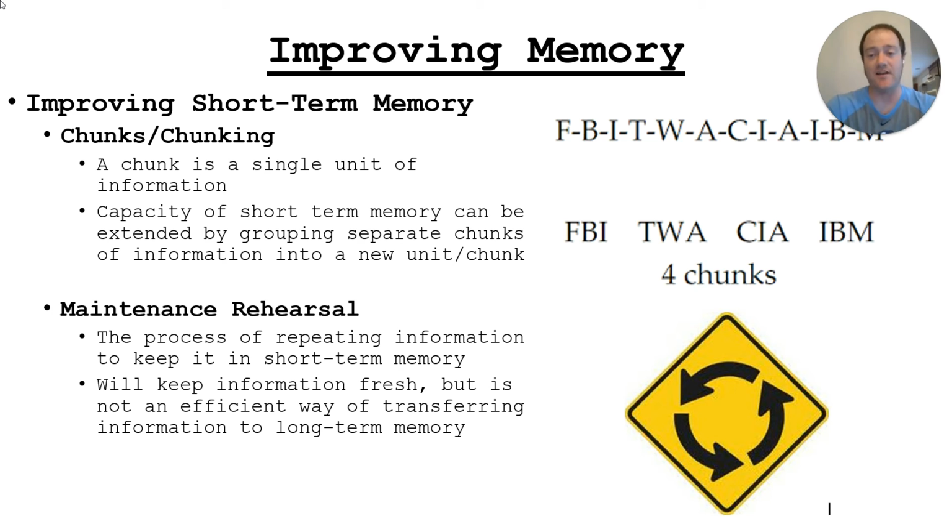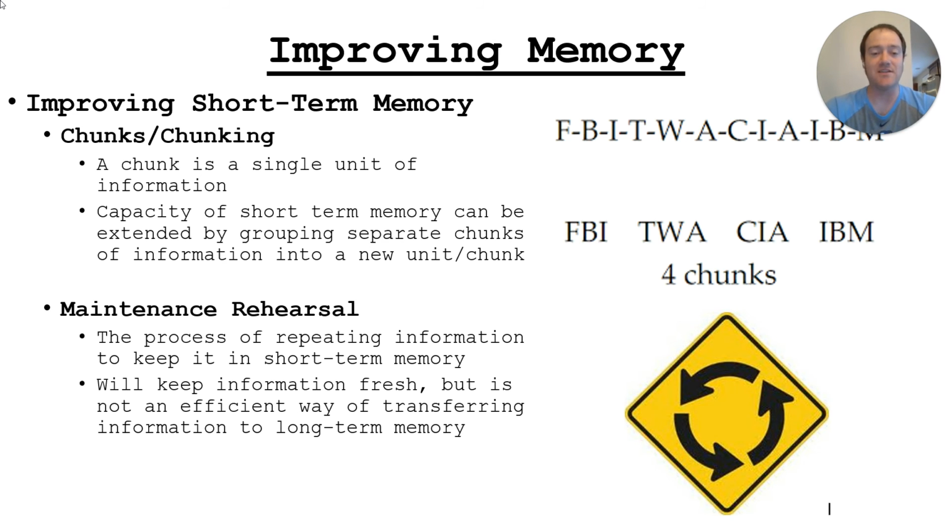Now, I'd probably scramble them up if I was being honest, but if I gave you all 12 of those letters, sorry, can't count, and said, hey, remember these, it's going to be more difficult to remember all 12 individually than chunking it into 4 groups of 3, like FBI, TWA, CIA, IBM. Obviously, those acronyms are easier to remember than just trying to remember each letter one by one. And that improves our capacity for short-term memory, and it makes it to where we can remember more than the whole 7 plus or minus 2 thing that we talked about in the last set of notes.